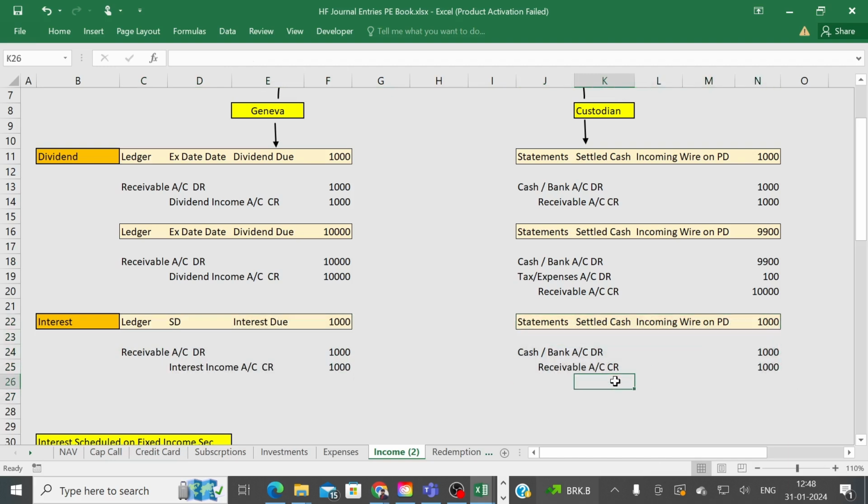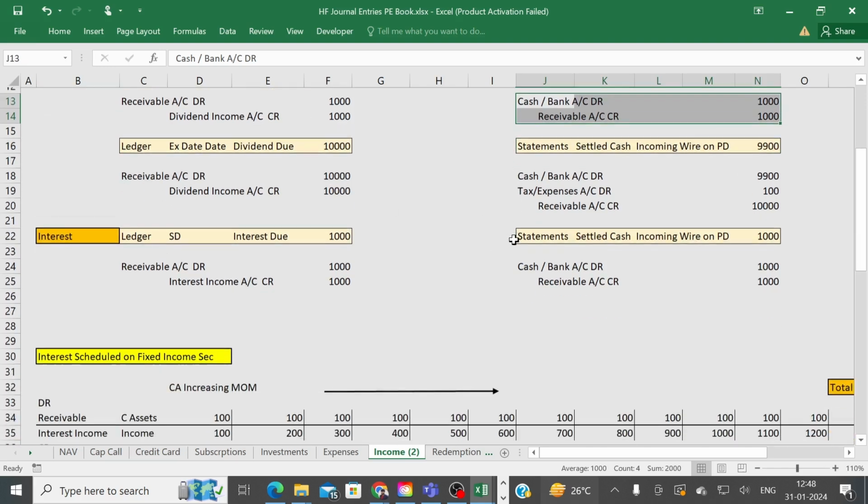Then cash and bank account debit to receivable account credit when the accrued interest is settled in your bank account. We record this cash entry on the payment date, since we receive the wire on the payment date, or maybe you can consider payment date plus one. So this is how we record dividends and interest payments in the books of account.